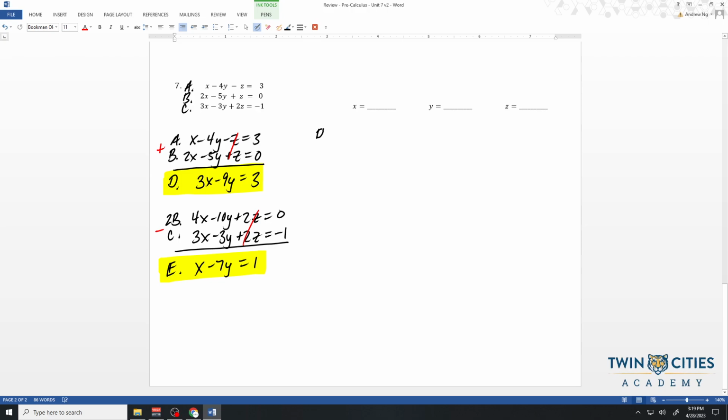So we'll have D and then 3E. 3x minus 9y is equal to 3. 3 times E will be 3x minus 21y is equal to 3.